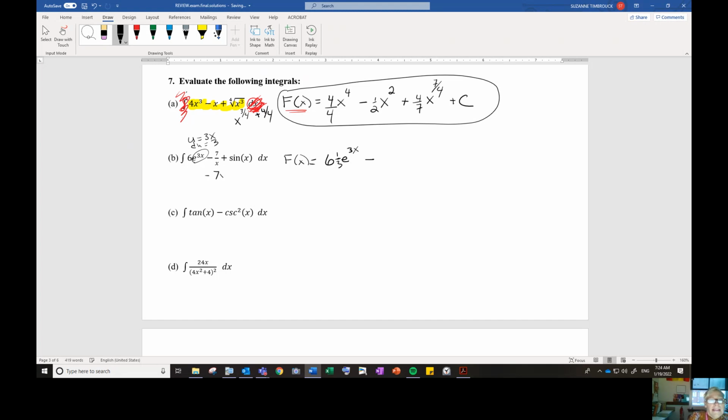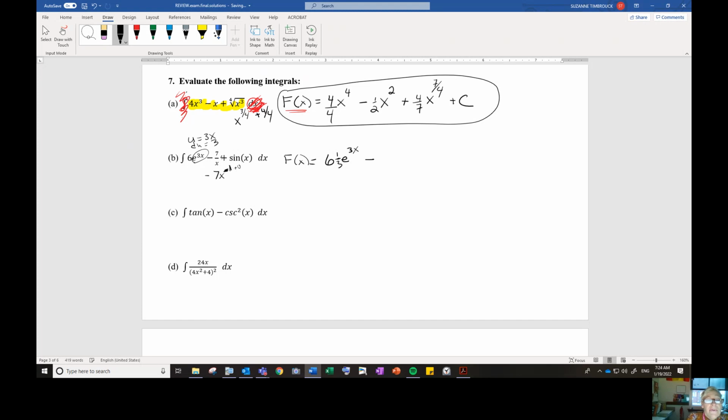Okay, my minus 7 over x should be turned into negative 7x to the negative 1. Oh, no, it should not. If you do that and you add 1 to the exponent, you get 0. And then you'll be dividing by 0. So most people will do this, and it's okay to do that because we should write our negative exponents as positive, but this is the exception to the rule.